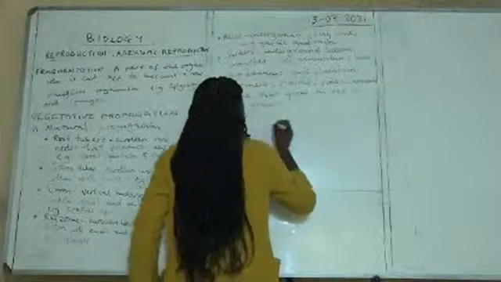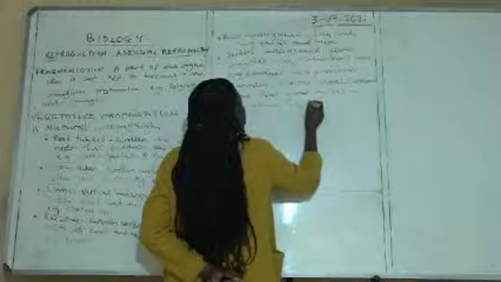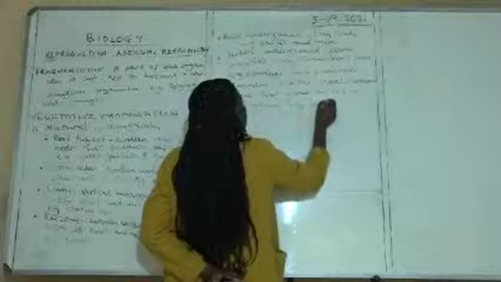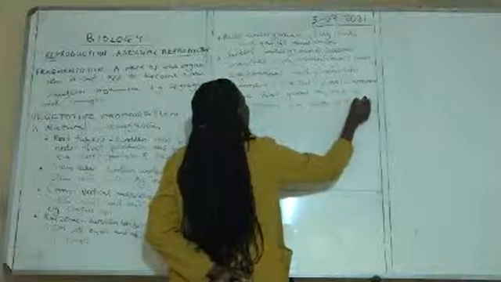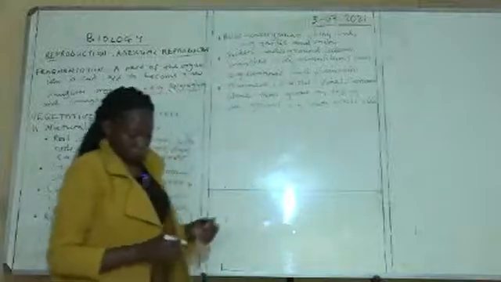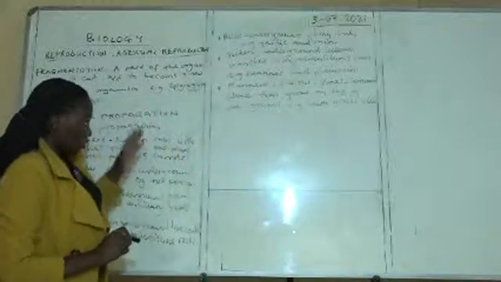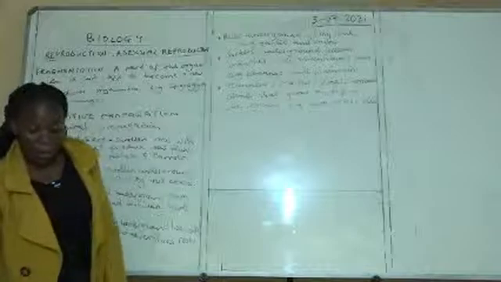For example, we have lawn grass, vines themselves, and also sweet potato is an example of a runner.